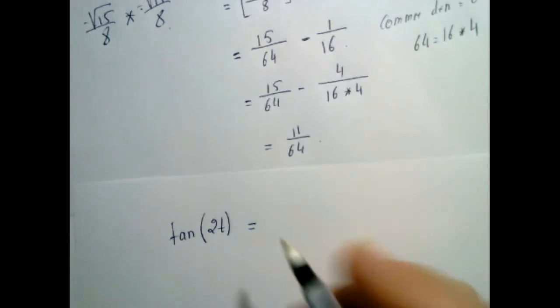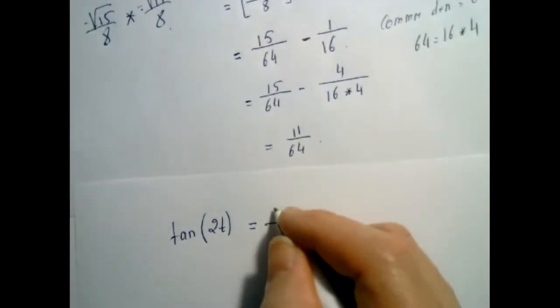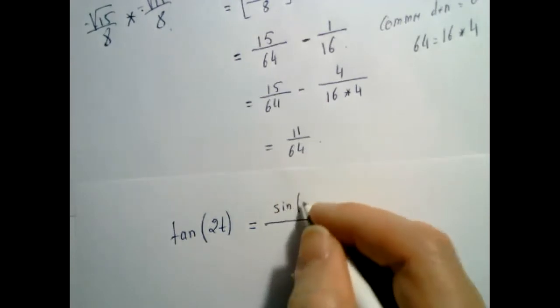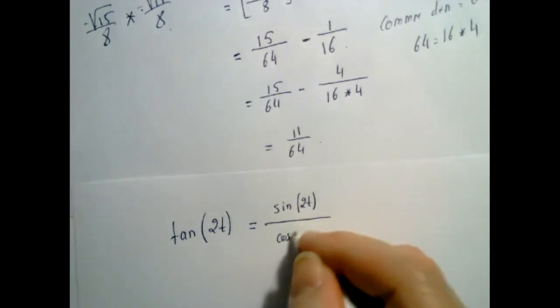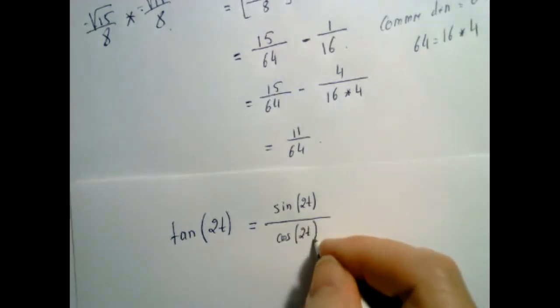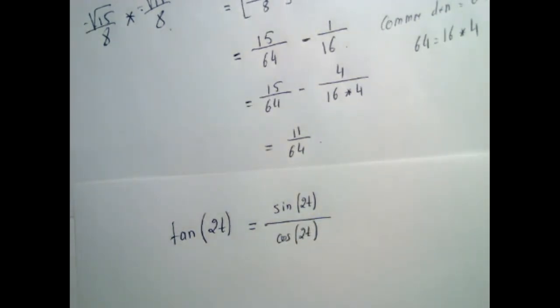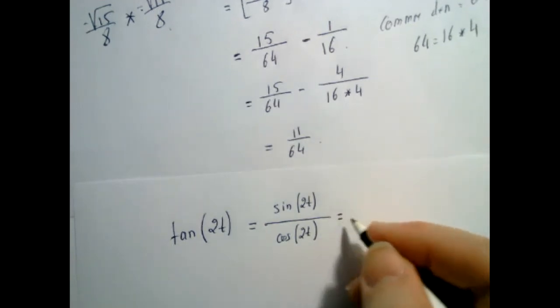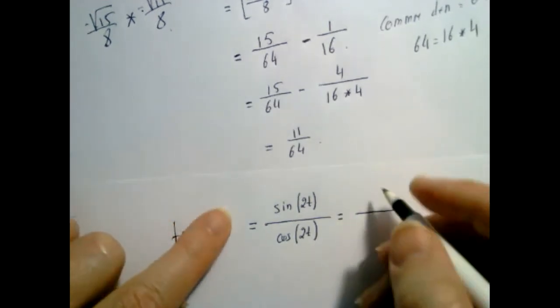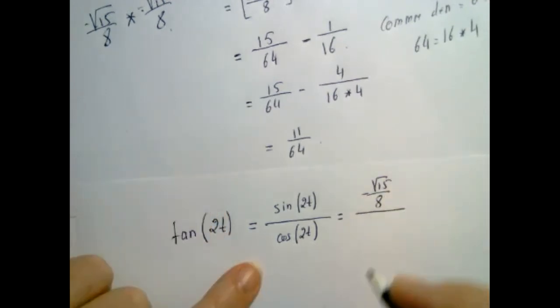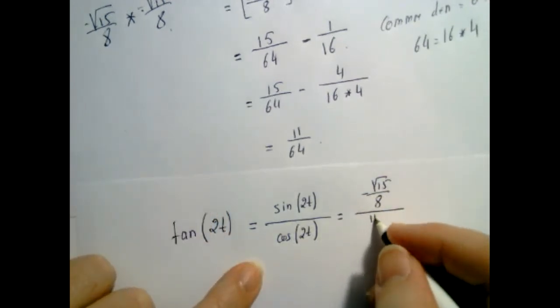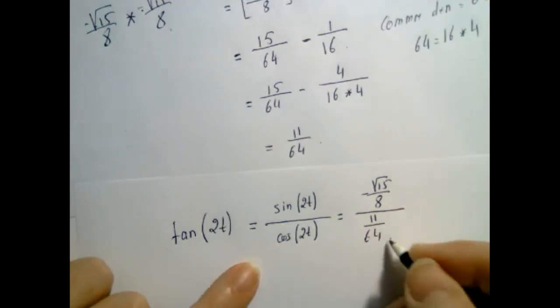The tangent is the sine of 2t divided by the cosine of 2t. Whatever it is, the sine over the cosine. All right, this is equal to, now I know the sine, we evaluated it to be that. I will evaluate the cosine, which is 11 over 64.